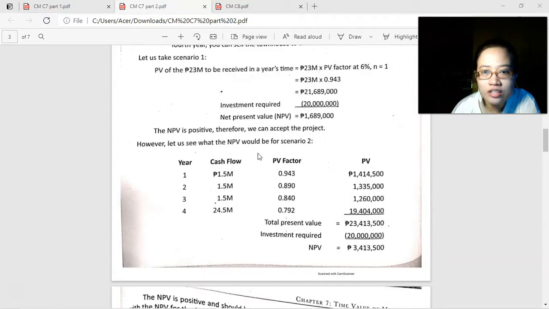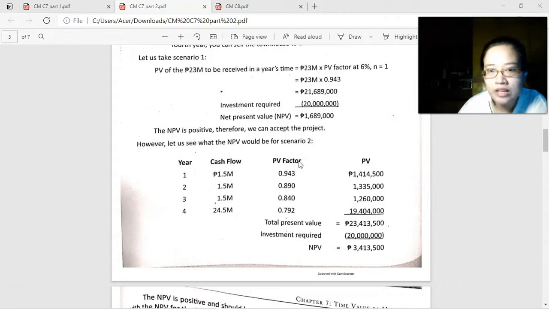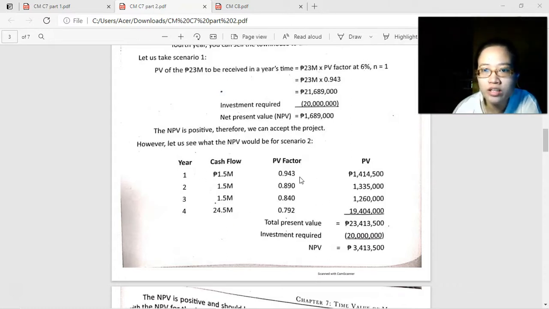Okay? Yung second scenario naman, so yan, cash flow first year, 1.5, second year, 1.5, third year, 1.5, fourth year, 24.5. Yung 23, tapos yung 1.5. Okay? Present value factor for 1 year is 0.943, second year, 0.890, third year, 0.840, fourth year, 0.792. Multiply mo lang yan.